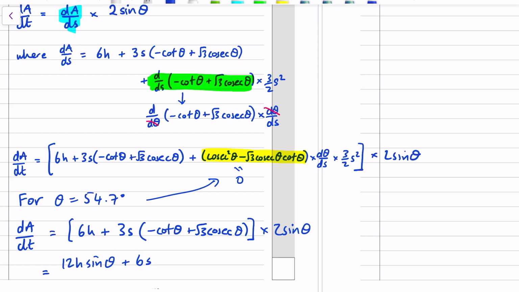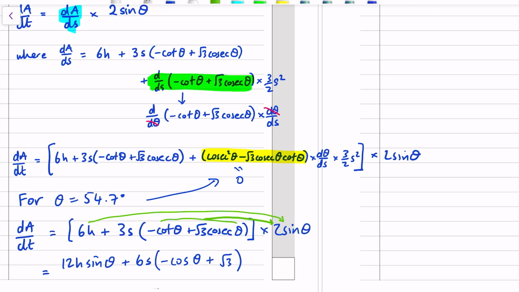Cotan is cosine over sine, and we've got a sine on the outside, so we're just going to get negative cosine of theta, and then root 3 cosec is the same as 1 over sine, so the sines will cancel, and we're just left with root 3. Okay, so that's me distributing the 2 sine theta through the brackets. What I mean by that is I've timesed both things in the brackets by the 2 sine theta, kind of like expanding brackets.